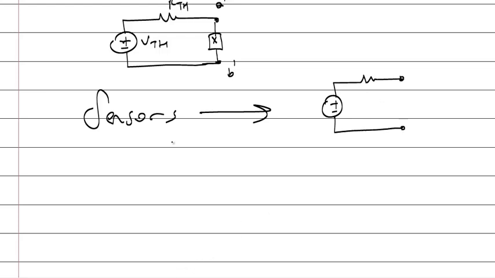For example, a microphone is defined as a Thevenin equivalent model. A microphone, a temperature sensor. So it's important to understand the Thevenin equivalent circuits.